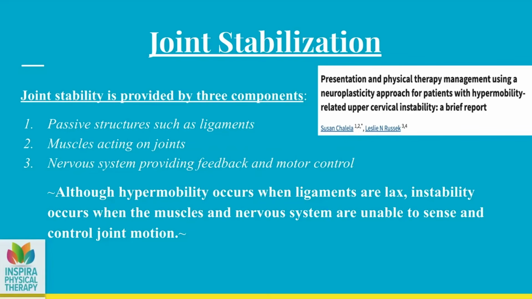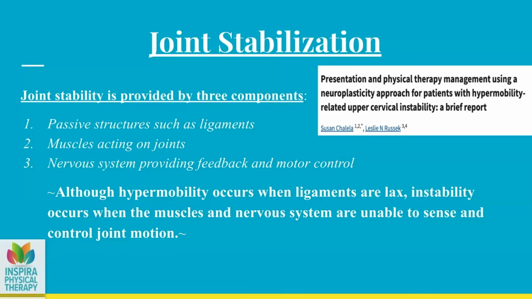You could have someone with low muscle tone who has the ligamentous laxity and the joint instability because they have low muscle tone and their nervous system hasn't been trained or been given that chance to learn how to function in a congruent joint position.